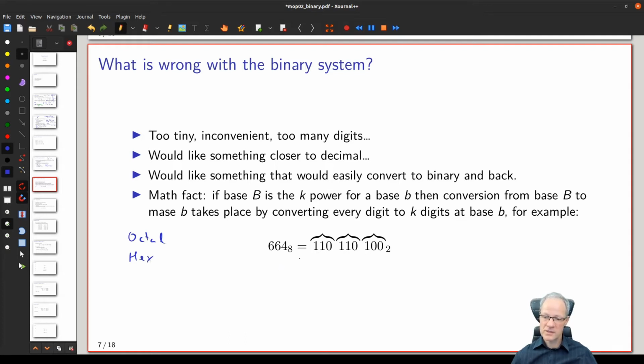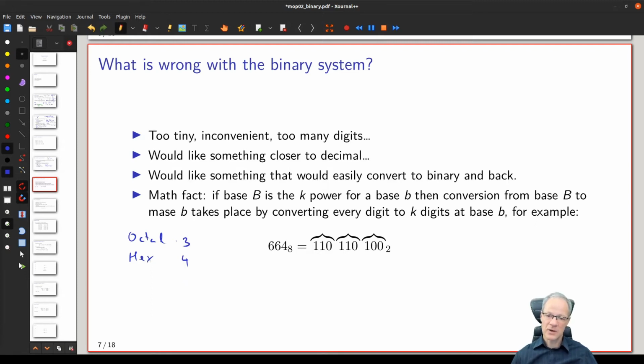Why are these choices so convenient? Because for octal, every 3 bits is going to represent 1 digit. For hexadecimal, every 4 bits is going to represent 1 digit.